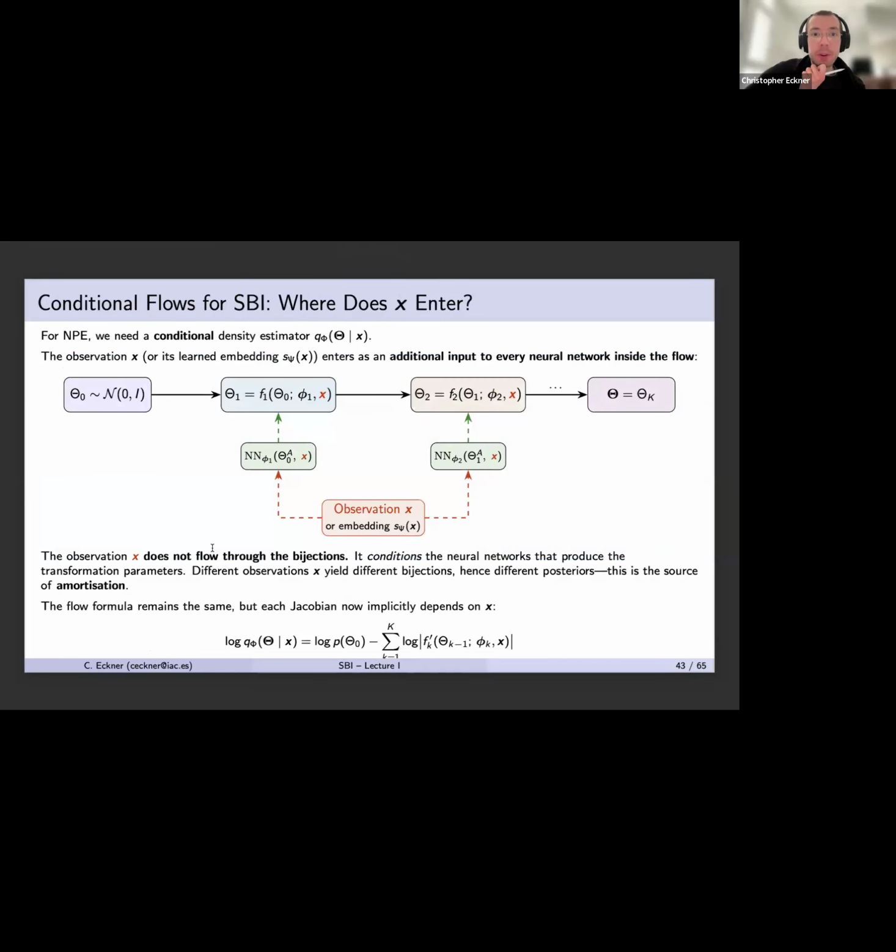Right. So as I said, what happens is then that in this neural spline flow, or neural normalizing flows in general, you have this trainable network at each step that depends on network parameters, with the additional insertion that typically the observation that you're training on will come also as an input into the network.